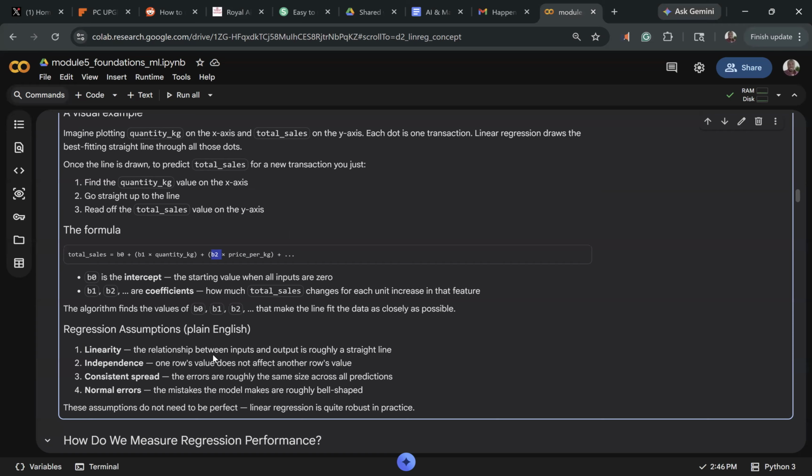The next one is independence. Are the values of the features independent of one another? That is, is price per kg independent of quantity per kg? We want to make sure one row's value does not affect another row's value.